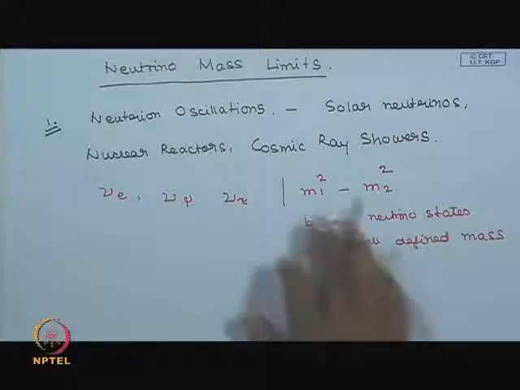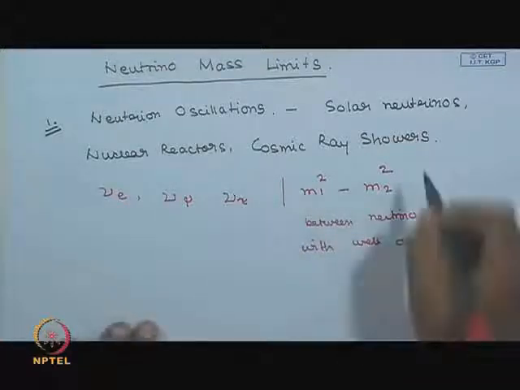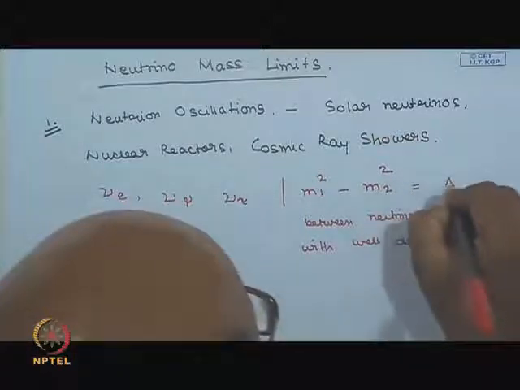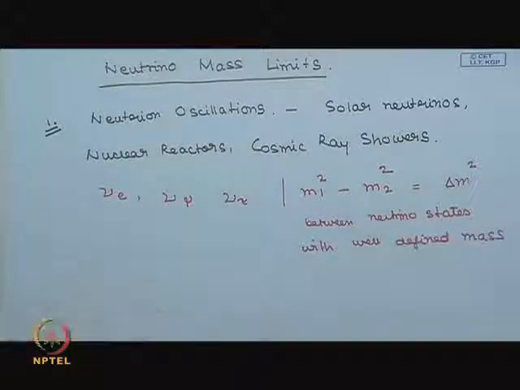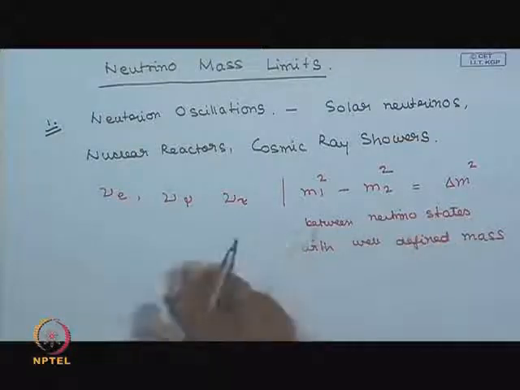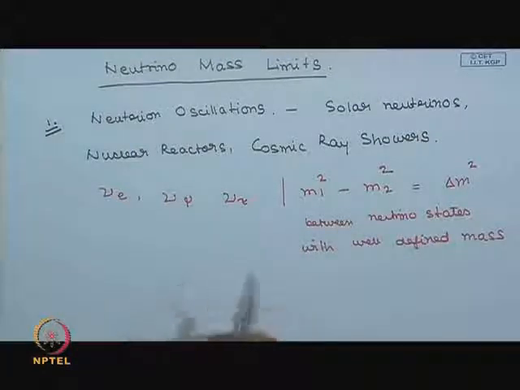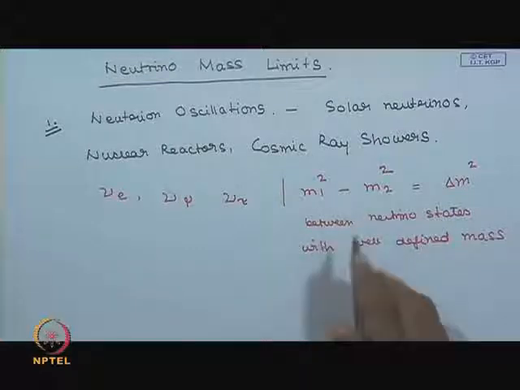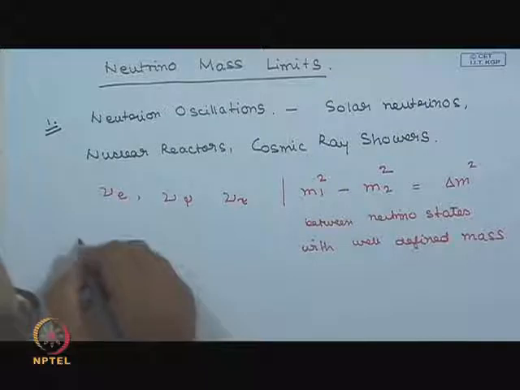Let us give it a name, let us call it delta m square. These neutrino oscillations tell us that the mass difference between these states has two values, two limits.